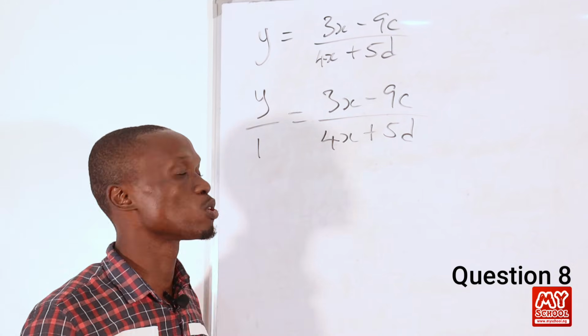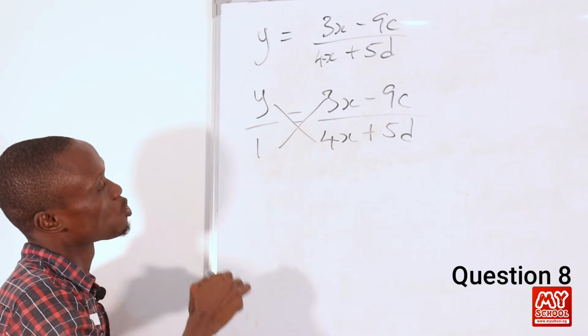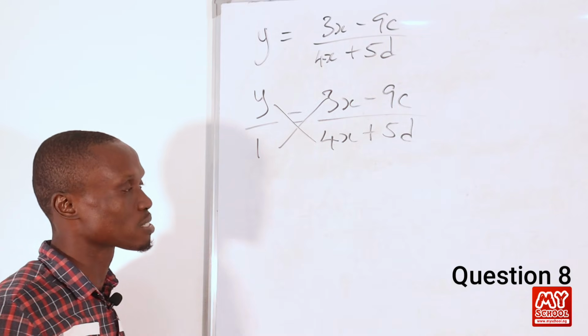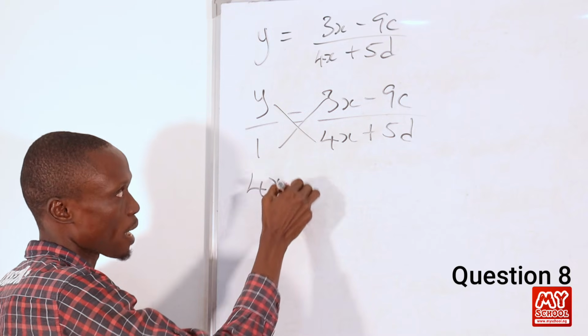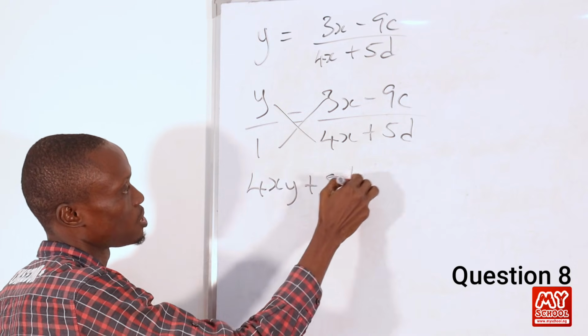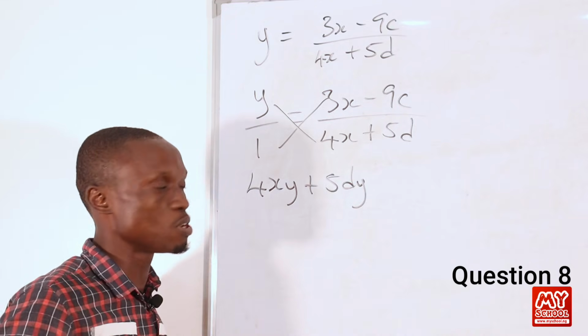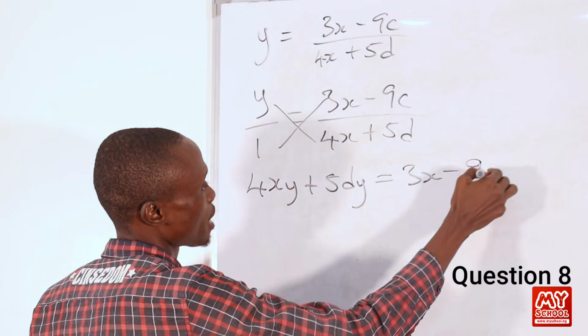So in this case, we are going to be cross multiplying. If we cross multiply, y is going to be multiplying 4x plus 5d. That will give us 4xy plus 5dy, and this will be equal to, of course, 1 times any number still remains that number, so 3s minus 9c.